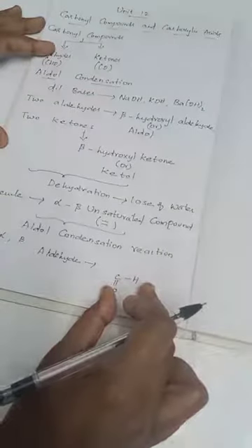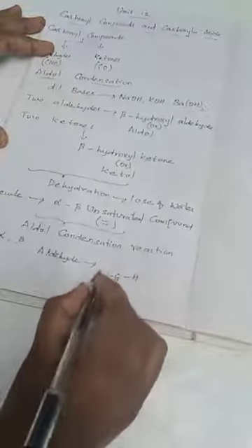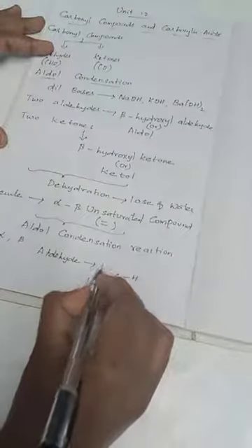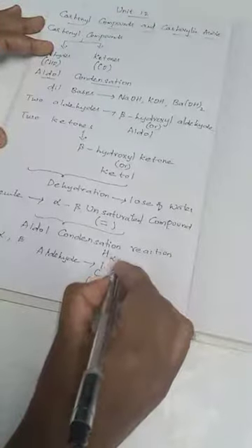Aldehyde is one of the functional groups. The first carbon attached to the functional group is called the alpha carbon, right? Now, in this first carbon, one hydrogen is attached. That hydrogen is called an alpha hydrogen.